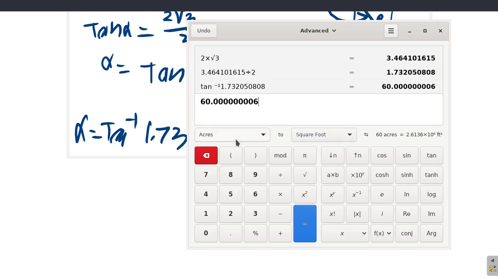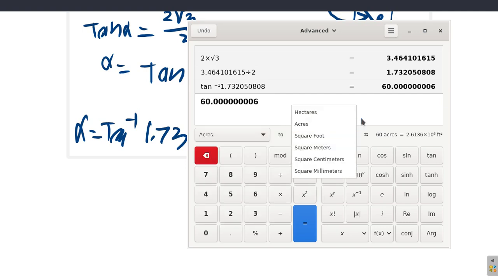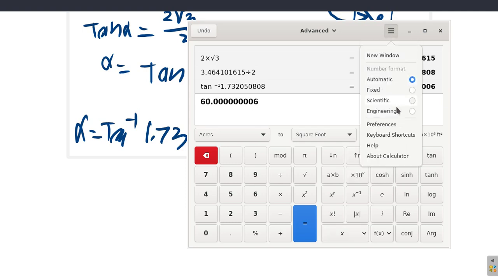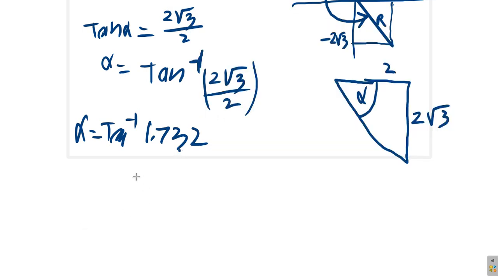I see some unit conversion here, but I don't see a radian mode. Well, you should be able to put your calculator in radian mode. Since we don't have our calculator in radian mode, let's convert it ourselves.